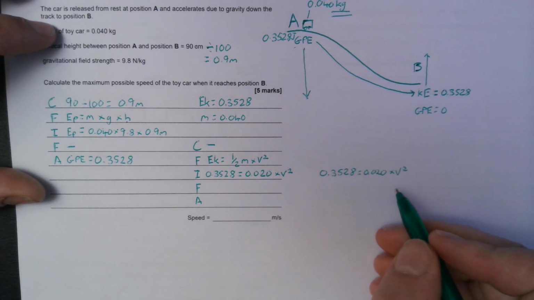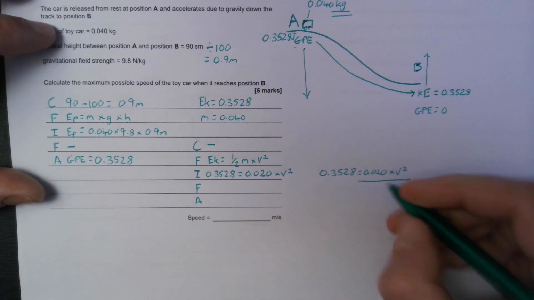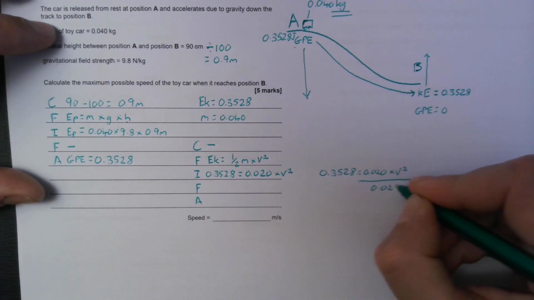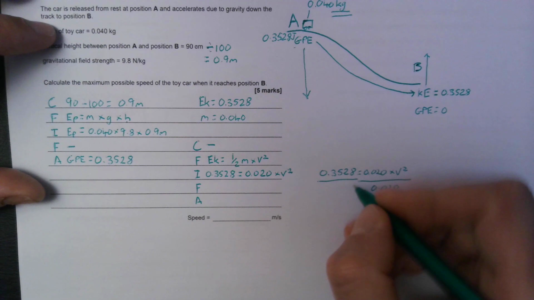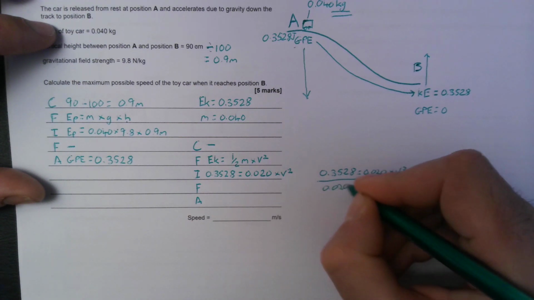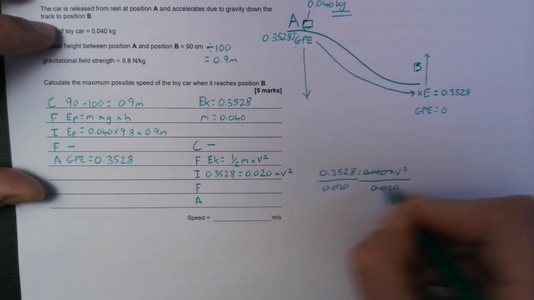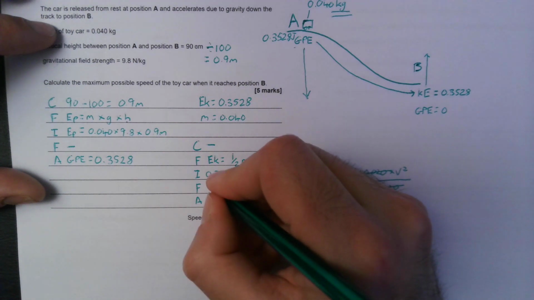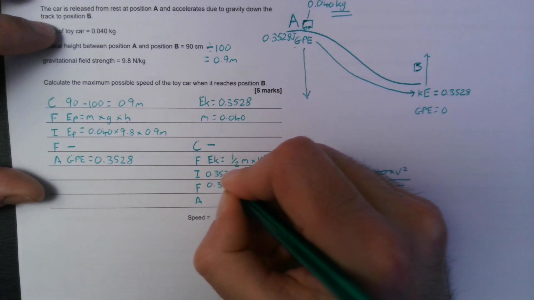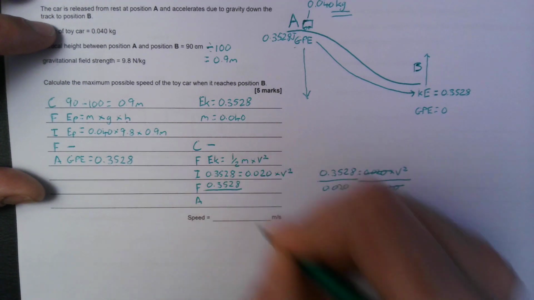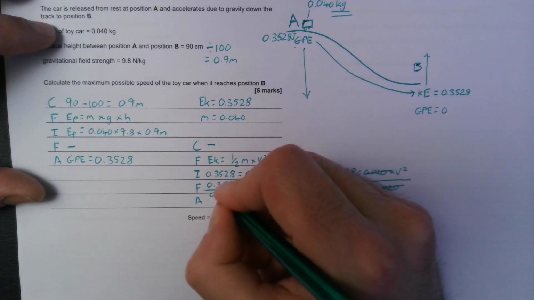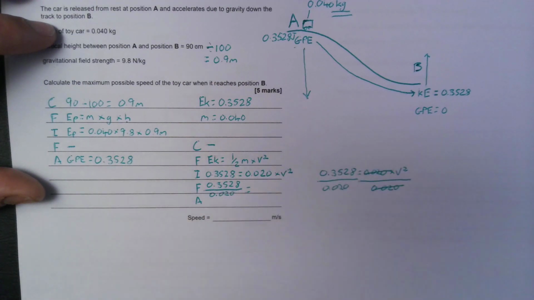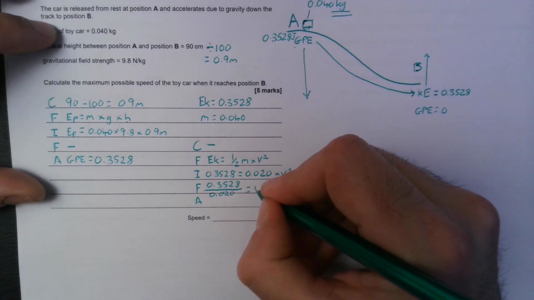You want to get v squared on its own, so we just divide by 0.020. Whatever we do to the right, we do to the left, so divide by 0.020. Those cancel, so what we end up with is 0.3528 divided by 0.020 gives us our v squared.